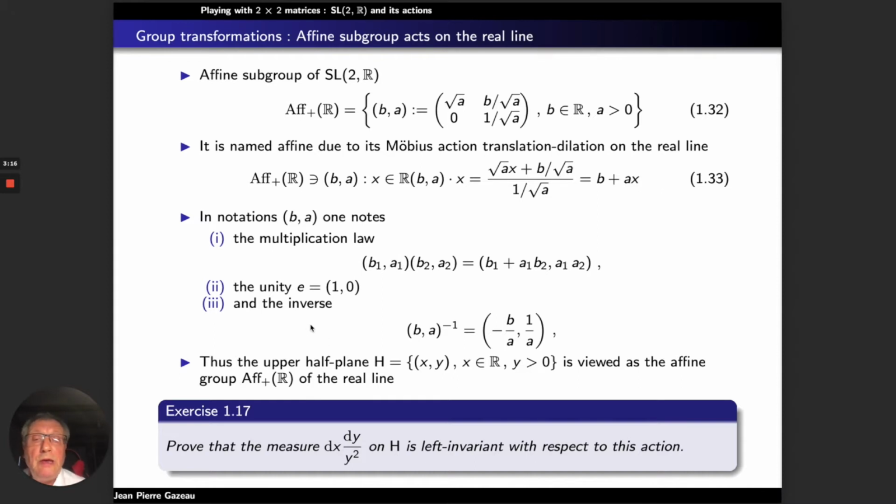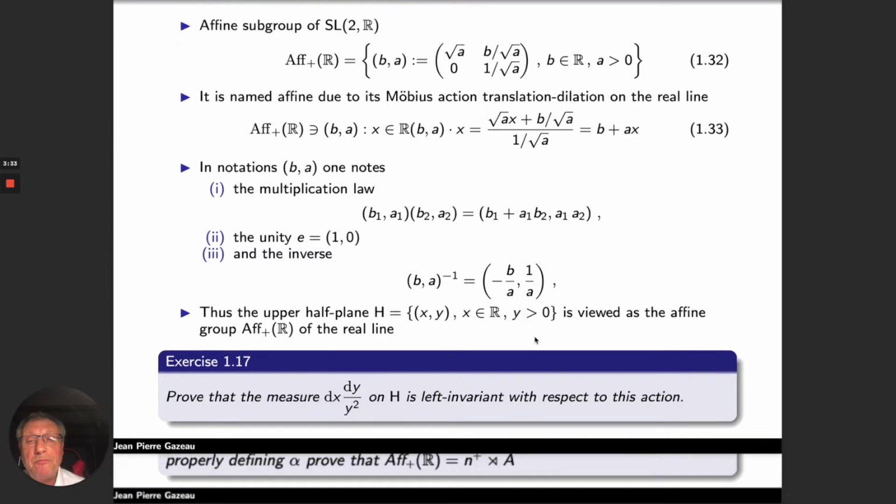The unity is, of course, 0, 1, and the inverse of an element B, A is given by, for the translation parameter, minus B over A, and for the dilation parameter, the inverse of A.